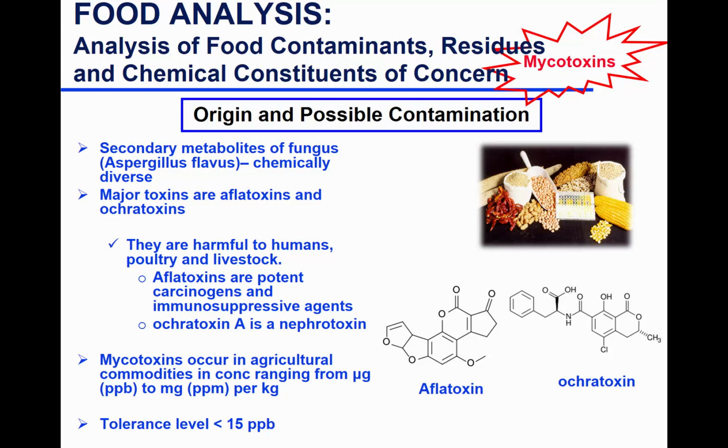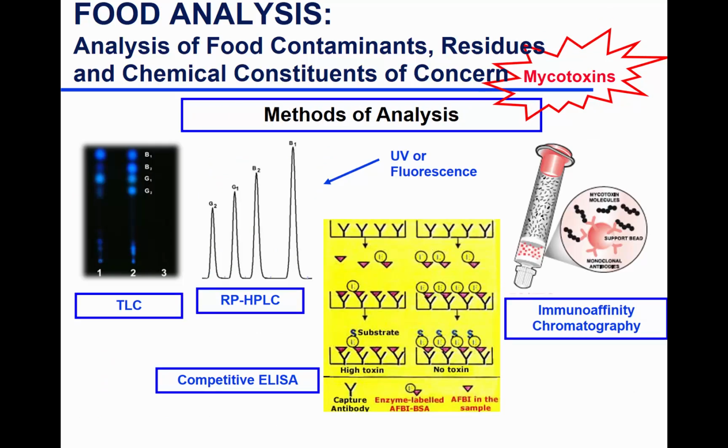Some of these potent mycotoxins that are carcinogens and genotoxins should not be present at all. Zero is the tolerance limit. Methods of analysis range from thin layer chromatography, reverse phase HPLC with UV or fluorescence, to which you add MS detection. There is also immunoaffinity and ELISA, the competitive form of ELISA.